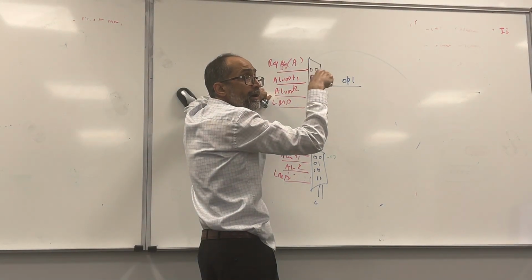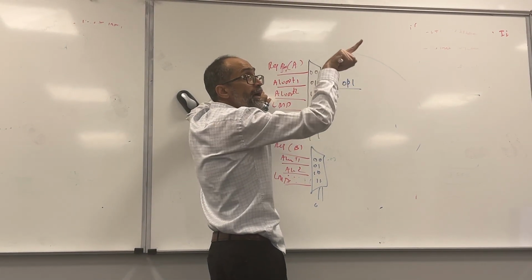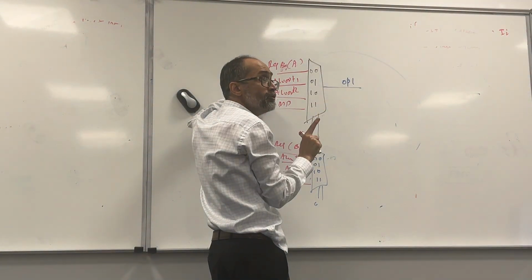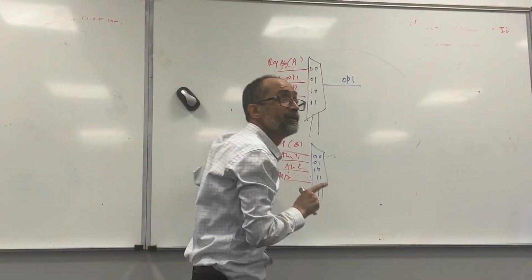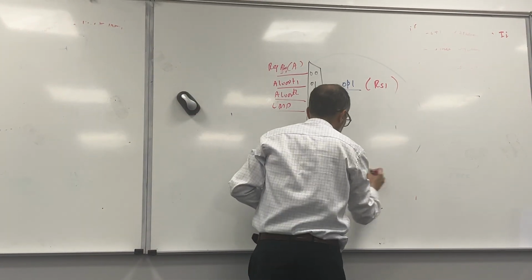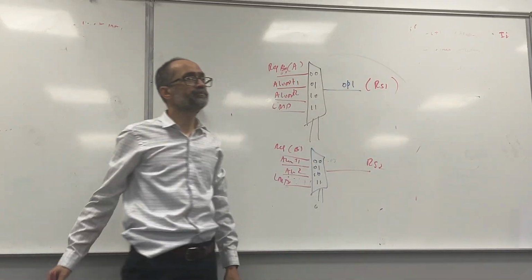When I plus 2 is dependent on I, is it for RS1 or for RS2? RS1, and this one RS2. So this is for RS1, and this one is for RS2.